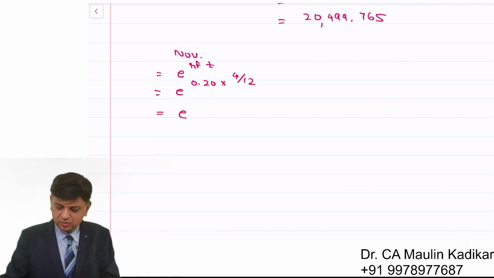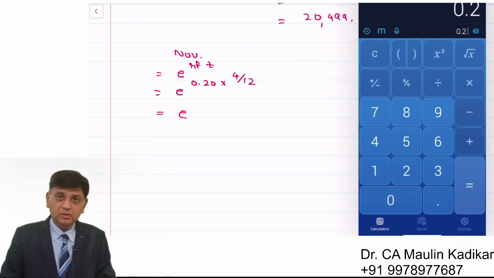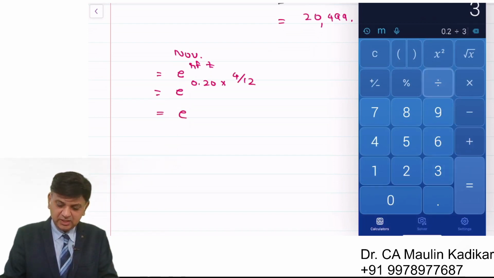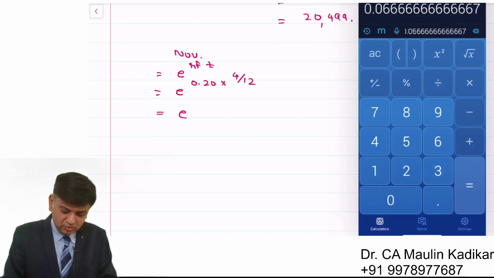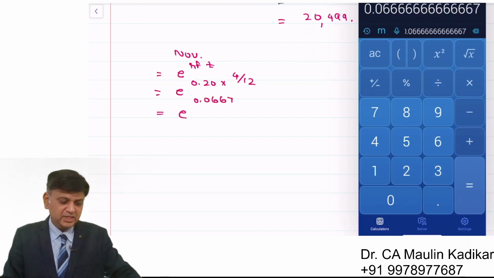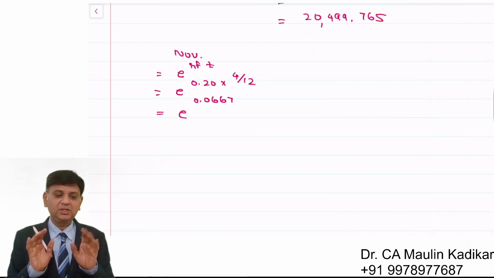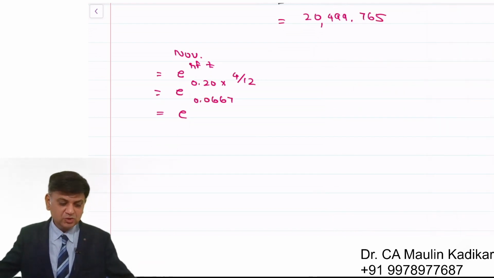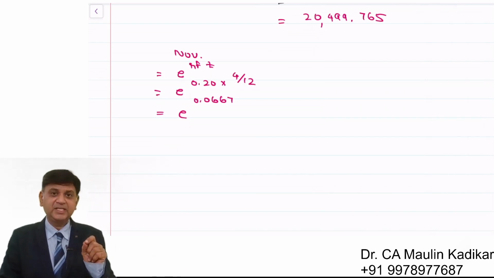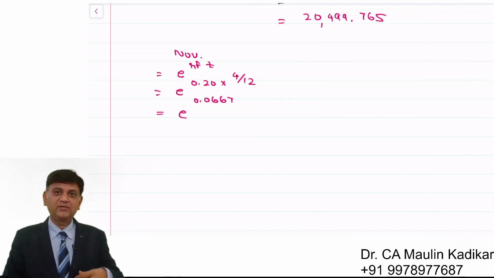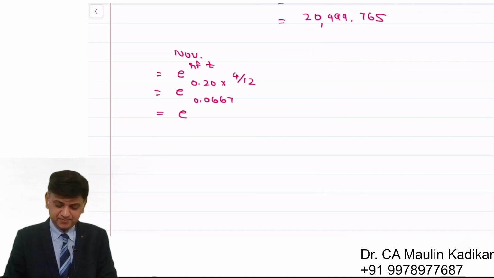So e raised to 0.20 into 4 divided by 12, that is e raised to 0.0667. That is what we understand. Now, in order to make this calculation, we have been provided with e raised to 0.06 and 0.07. So we are required to do interpolation.